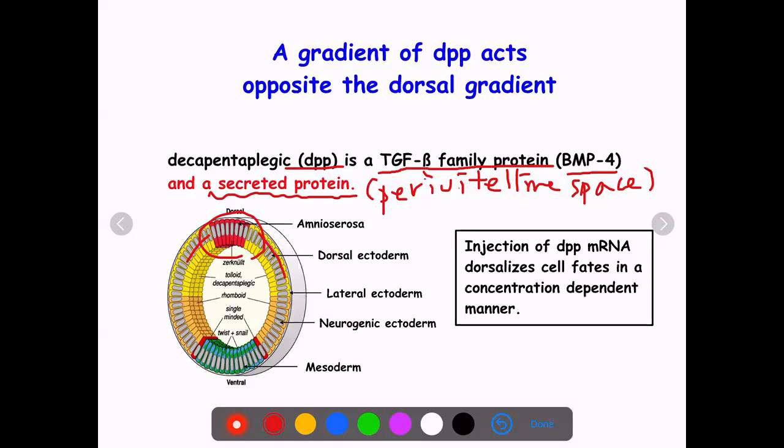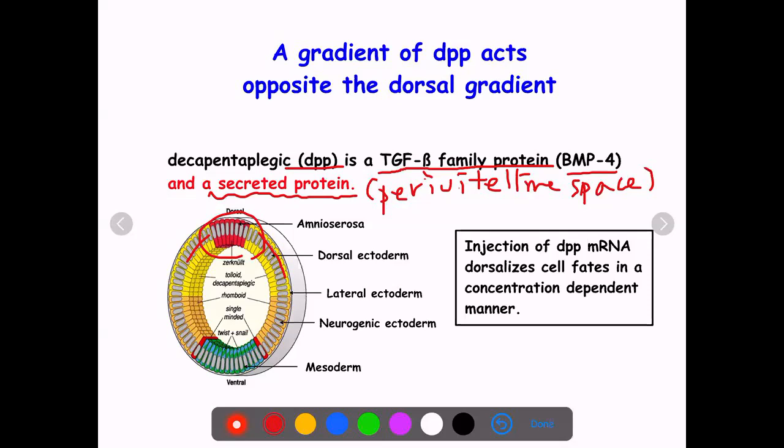Zerknüllt is kind of a dorsal version of the dorsal side gene. It's a dorsalizing gene, okay, right? So it's upstream of the DPP.